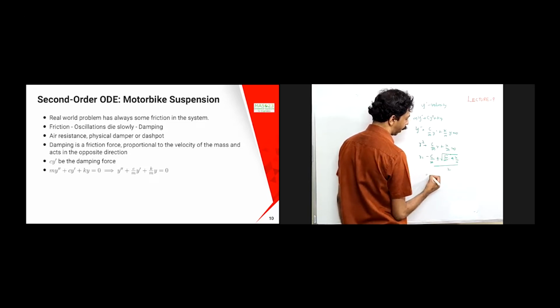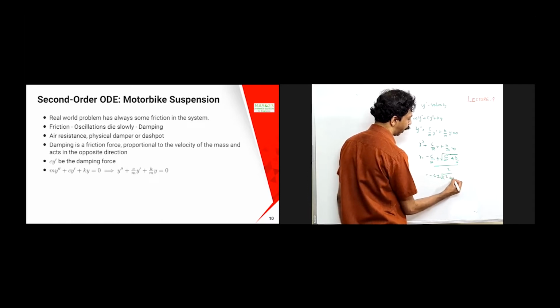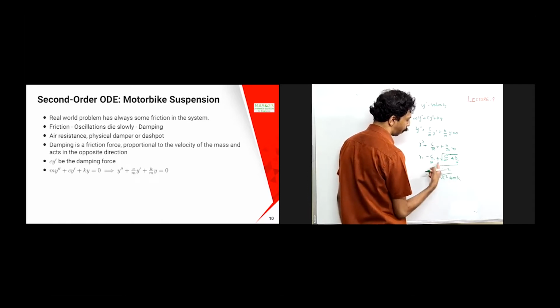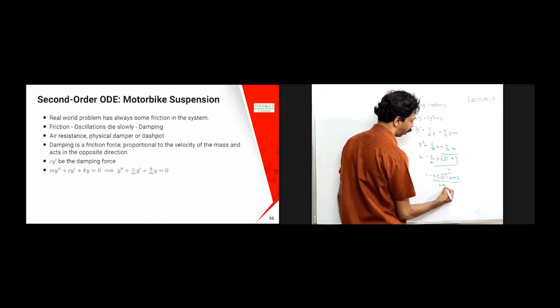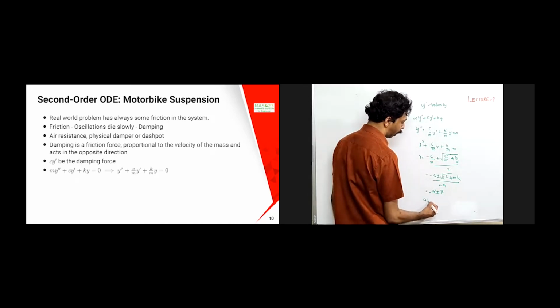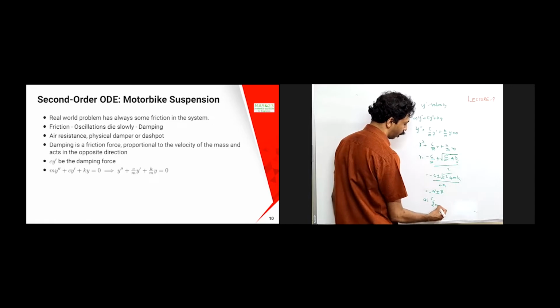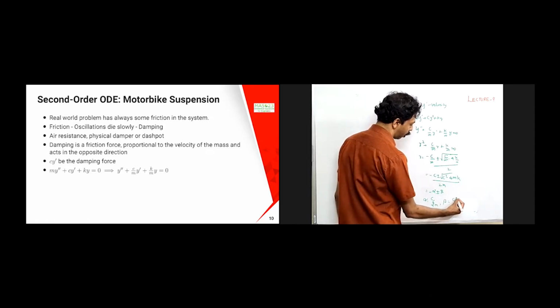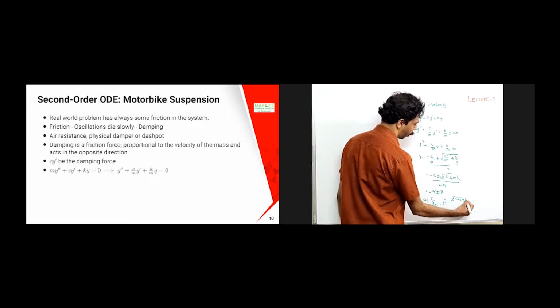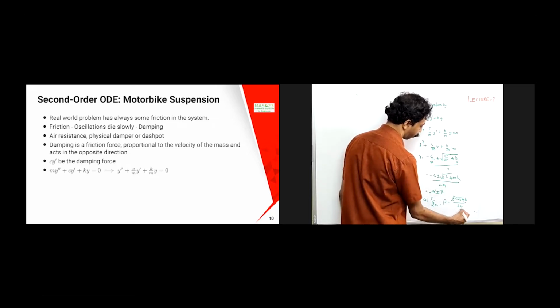I can write this as minus c plus or minus square root of c square minus 4 m k, taking m square out, divided by 2m. So I can write it as minus alpha plus or minus beta, where alpha is c by 2m and beta is square root of c square minus 4mk divided by 2m.